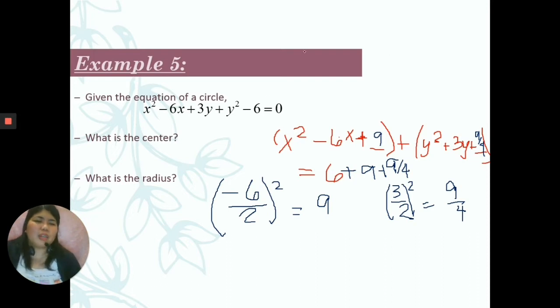Okay, after that, we can see that we now have a perfect square trinomial. So we can now get the factors. Just get the square root of the first term and the square root of the last term, and then get the middle sign.